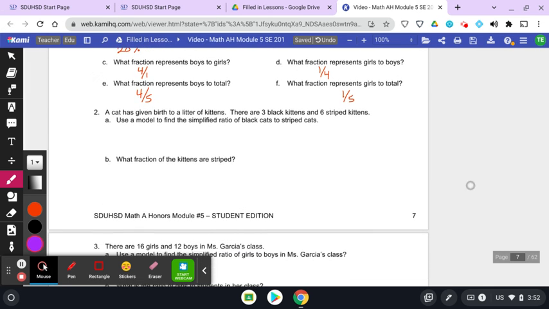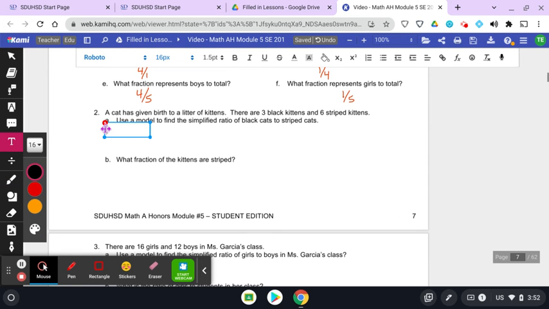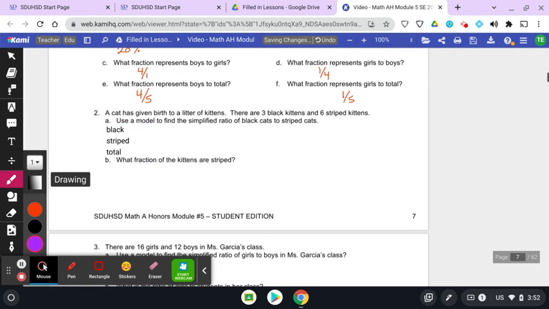A cat has given birth to a litter of kittens. There are 3 black kittens and 6 striped kittens. All right, so I pay attention to what I have. I have black, striped, total. Okay, I look at what they originally gave me. They said there's 3 black and 6 striped. That gives me a total of 9.